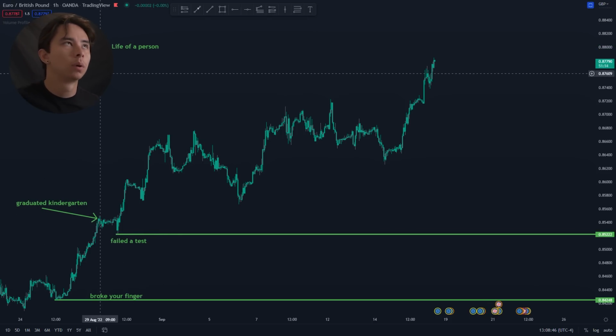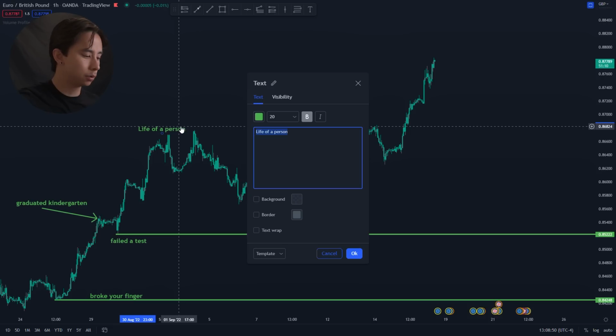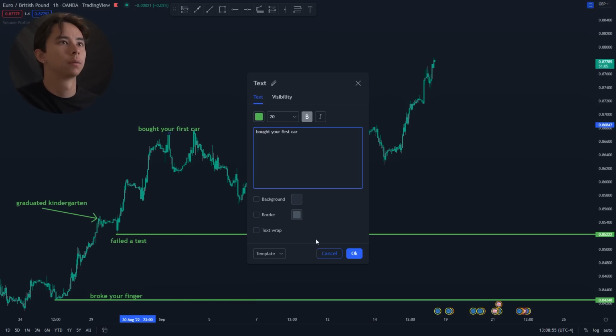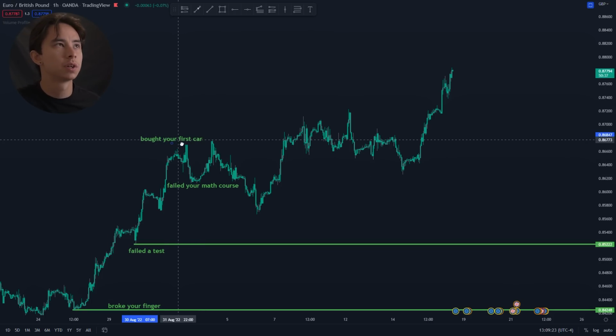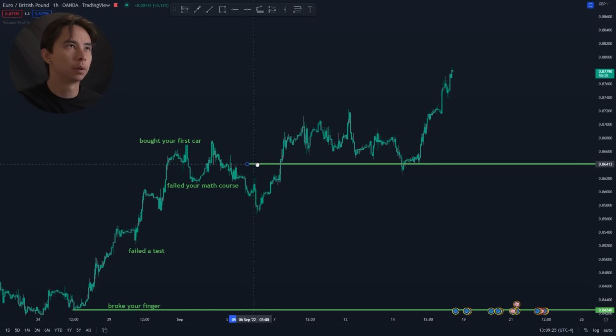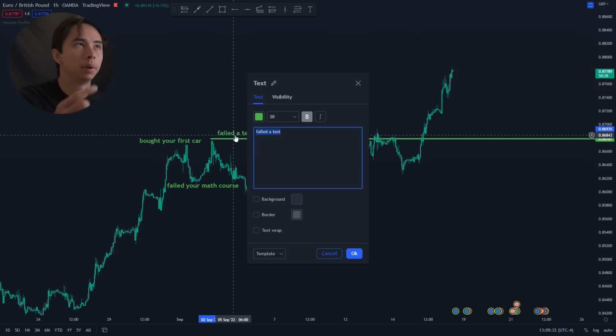Now, fast forward, let's say some more years, and here up top, maybe you bought your first car, right? This is your first car, big achievement in your life. What's another thing that's very achievable as a high, like up here? Okay, well, maybe you made your first 2K, or saved up your first 2K.